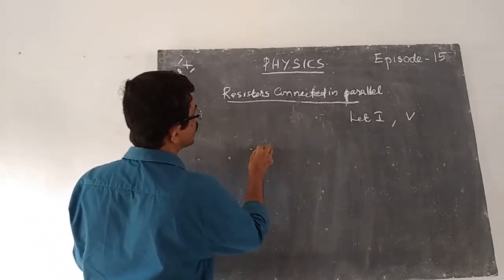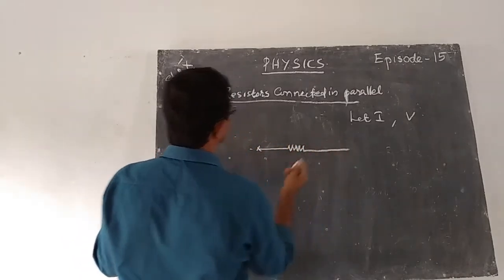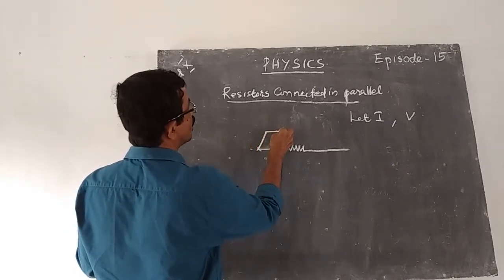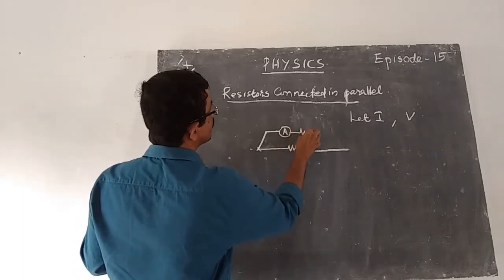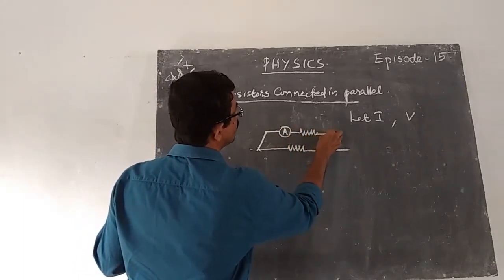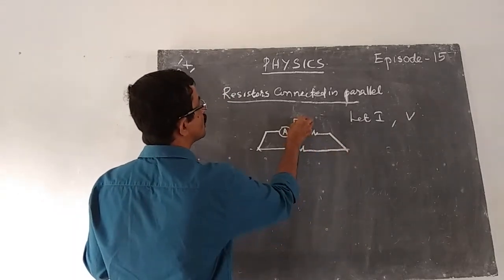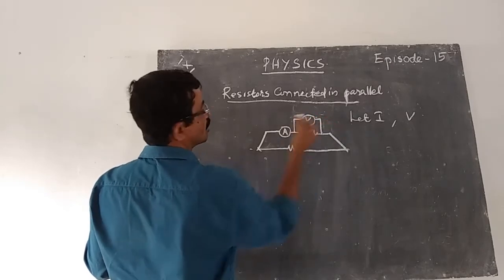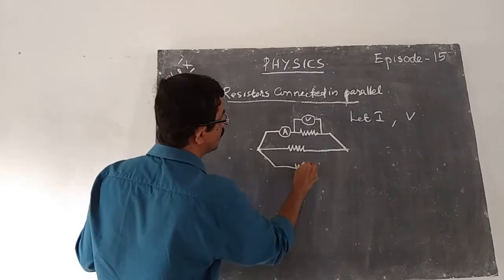This is the point X. Here a resistor. Here, to measure current we connected an ammeter, and here is the resistor R1. To measure the potential difference across this we connected a voltmeter here, and similarly here the second resistor.